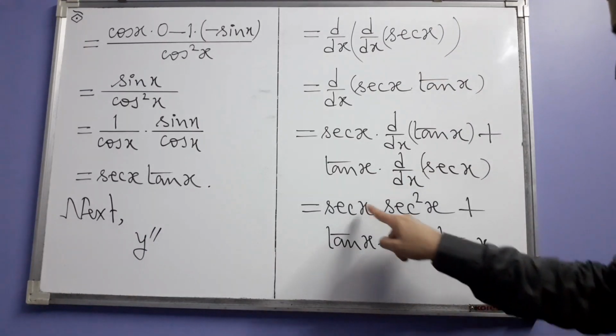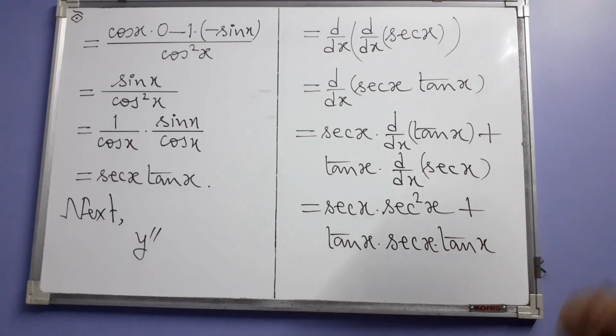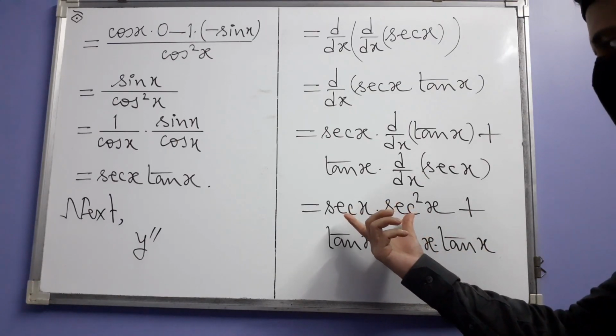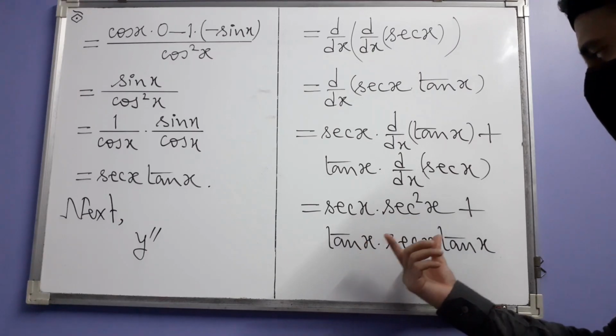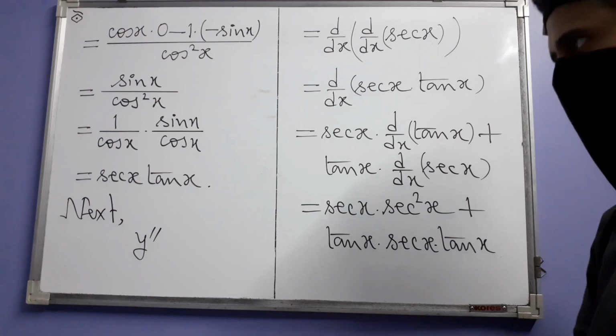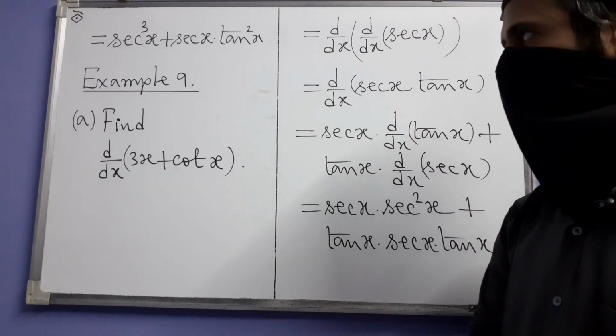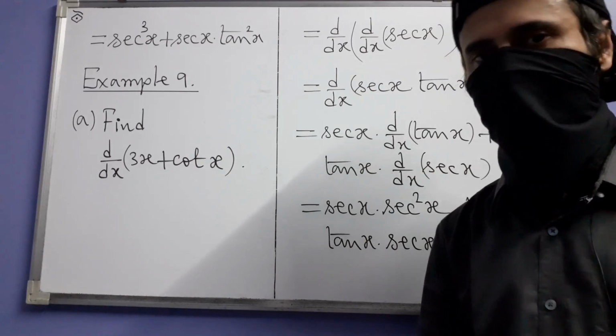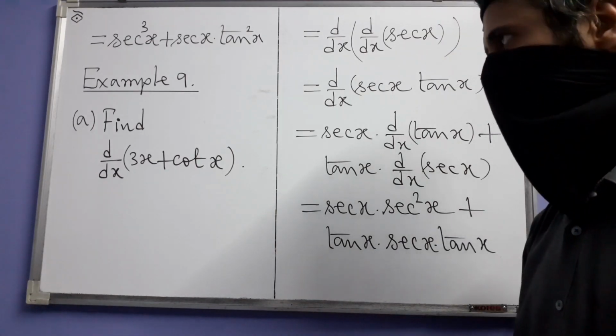So tan x times secant x times tan x. So that means we are getting secant cubed x plus secant x times tan squared x. Let's write that. So secant cubed x plus secant x times tan squared x. So that's the second derivative.